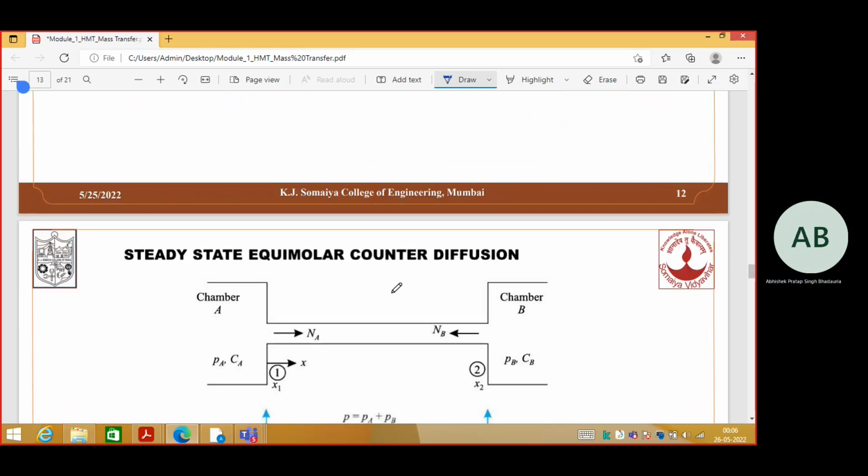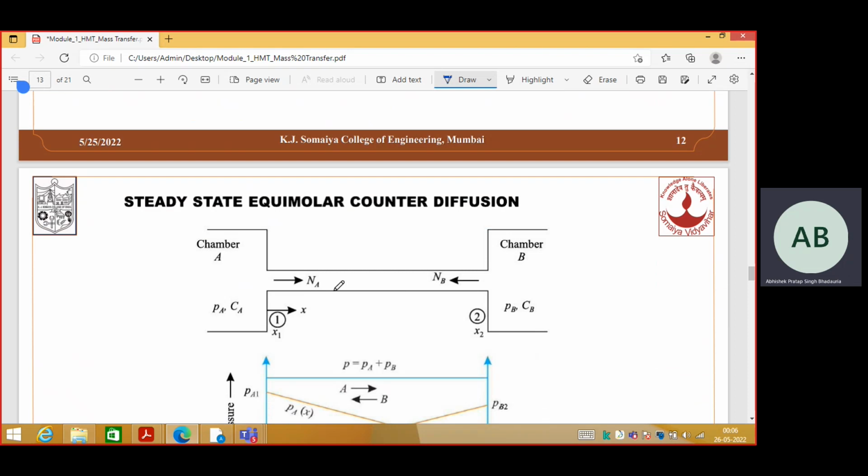Now the next concept is the steady state equimolar counter diffusion. That is also a very, very important concept, and required to discuss.